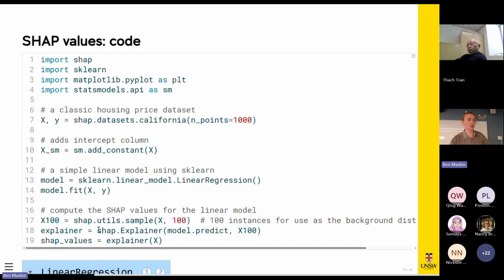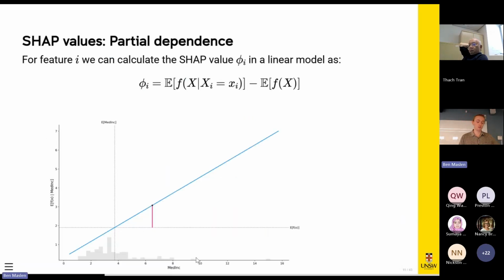Then we create an explainer function where we feed in these background samples and the predictions from our model. Then we feed our feature matrix to that explainer function, and that's how we get our SHAP values. Let's talk about what these SHAP values actually are in a linear regression setting.